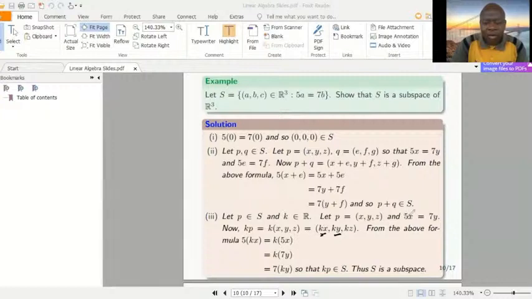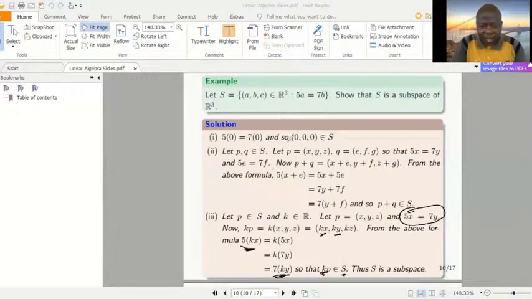But of course, I know what 5x is. From here, 5x is 7y. So instead of 5x, I write 7y. And again, using commutativity and associativity at the same time, I get 7 multiplied by Ky. So you notice that 5 times the first element is 7 times the second element. And therefore, the product here is in S.